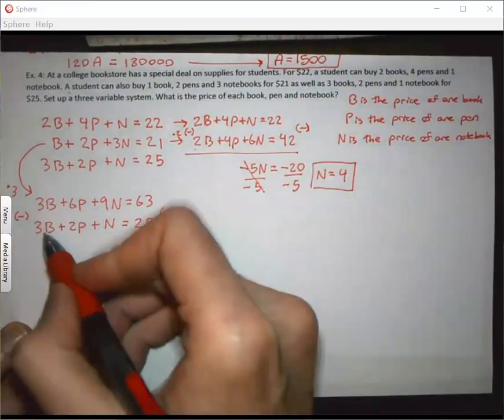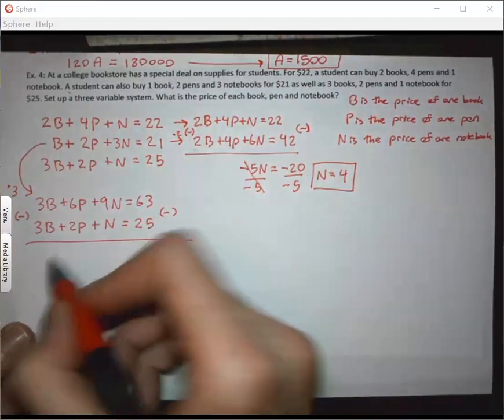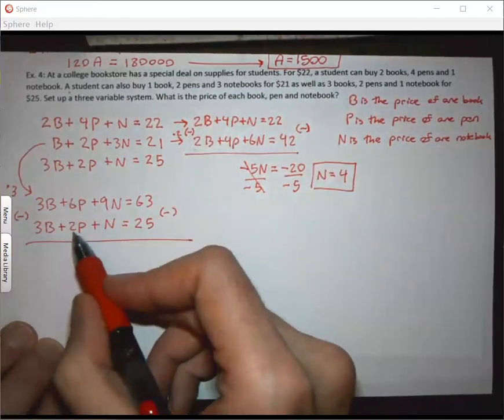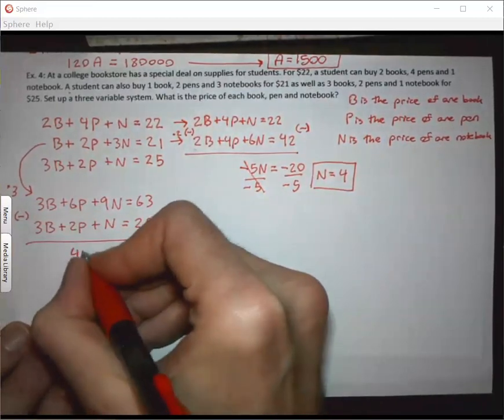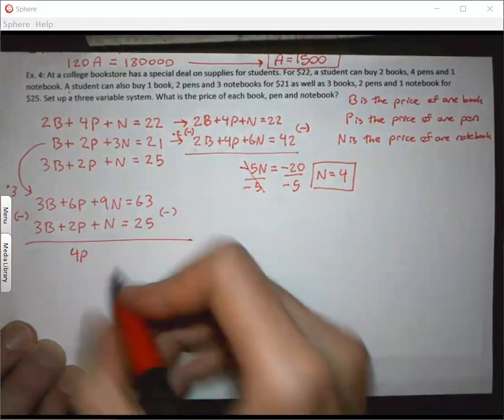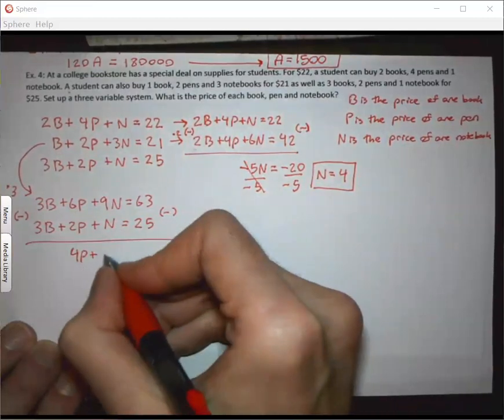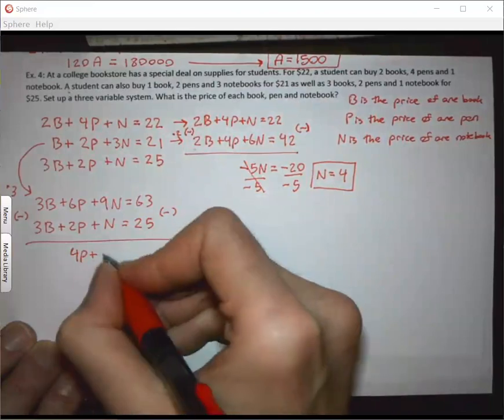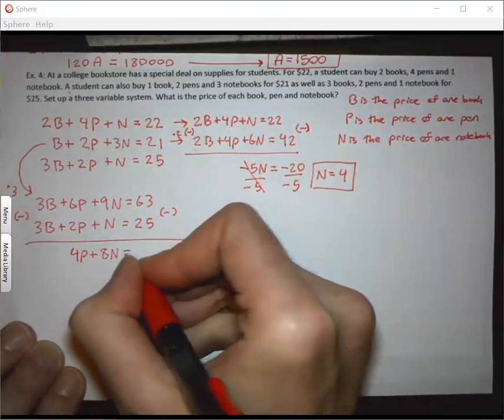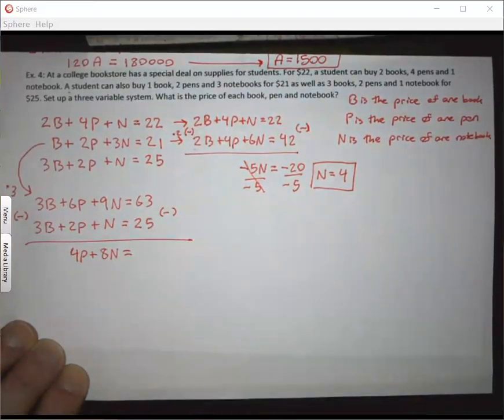Subtract. 3 minus 3 is 0. 6 minus 2. 9 minus 1. And 63 minus 25.